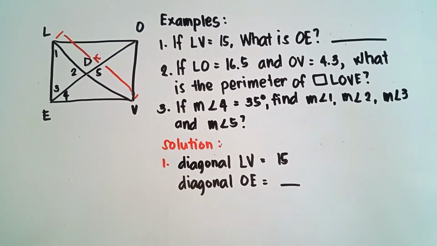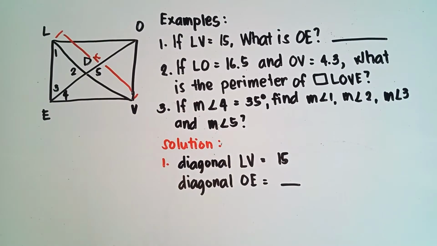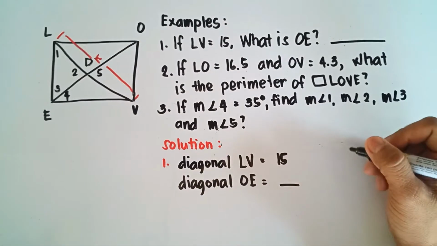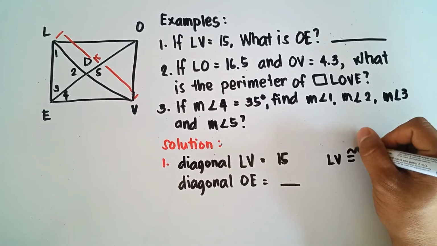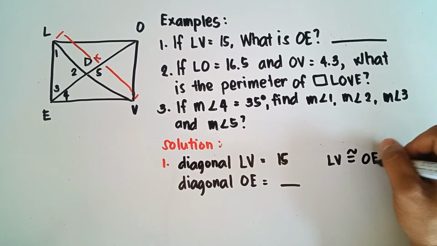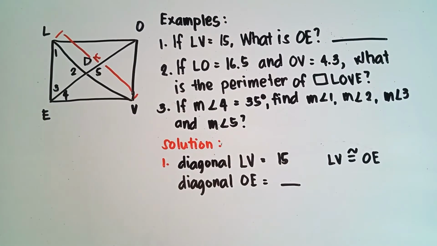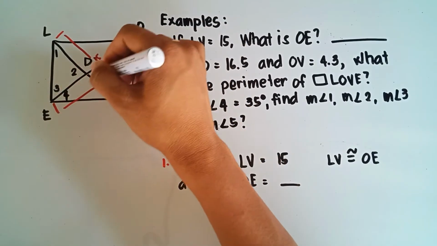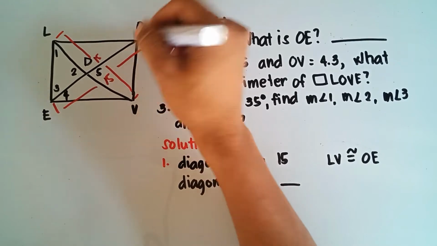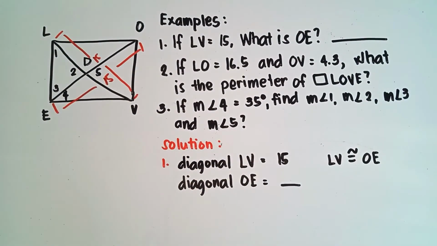So, as we all know, diagonals of a rectangle are congruent. So LV is congruent to OE. So meaning the measurement of E to O is also 15. So OE is 15.